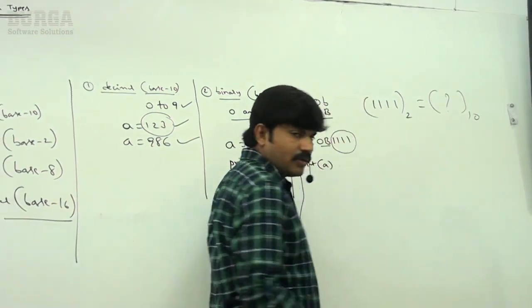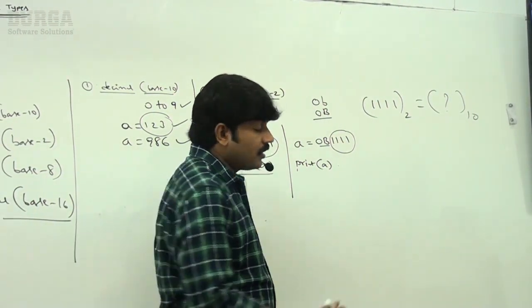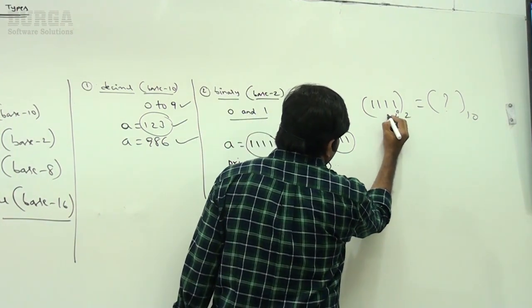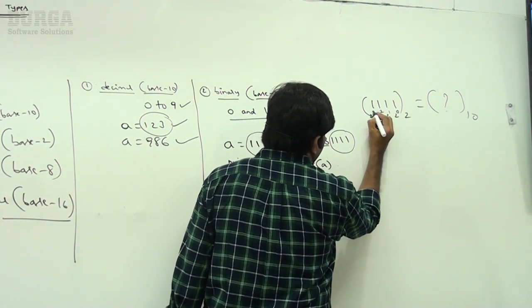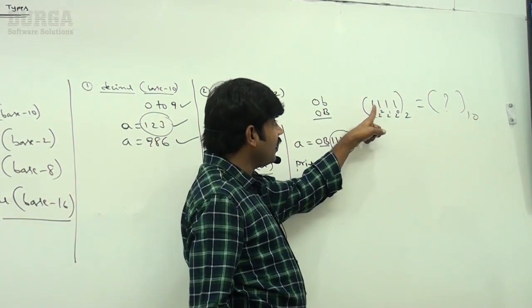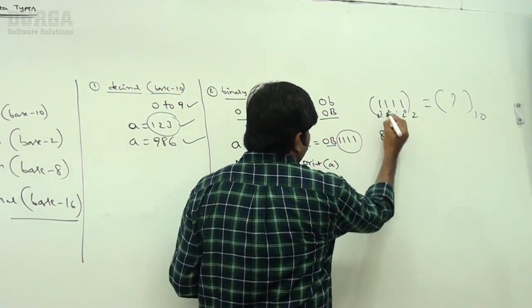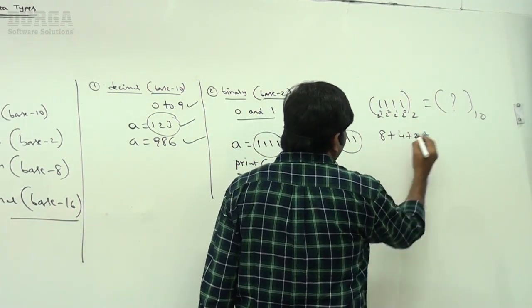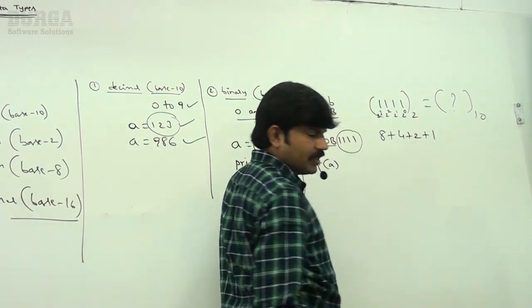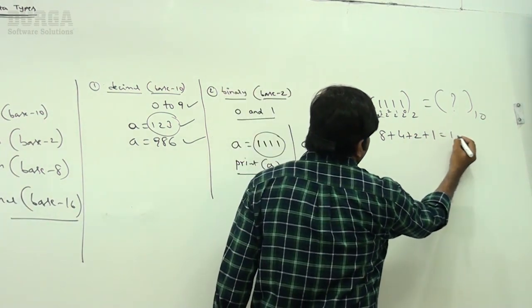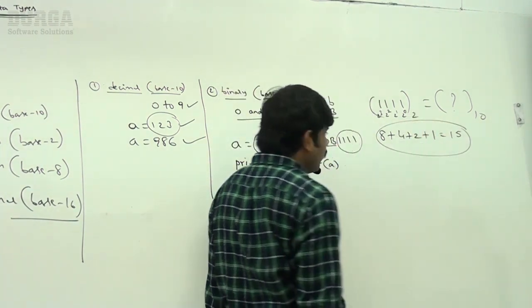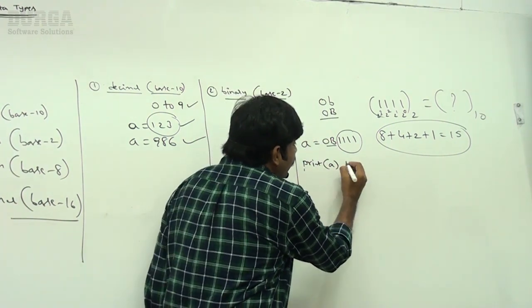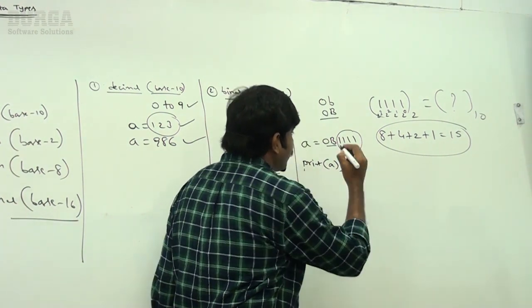From your childhood mathematics you may have heard of 2 power 0, 2 power 1, 2 square, 2 cube. So 1 into 2 cube is 8, plus 1 into 2 square is 4, plus 1 into 2 power 1 is 2, plus 1 into 2 power 0 is 1. What is the value? 15. So 15 is the answer we are going to get.